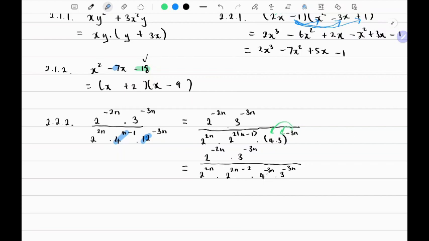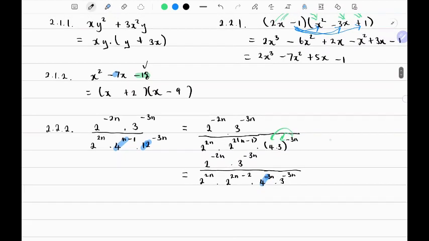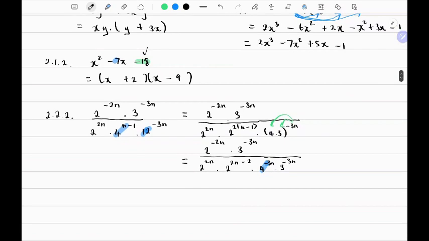But if we pay attention to this term in the denominator, we can write 4 to the power of negative 3n as 2 to the power of 2 into negative 3n. So this is 2 to the power of negative 6n. So I'm just going to replace this term with the new term, 2 to the power of negative 6n.